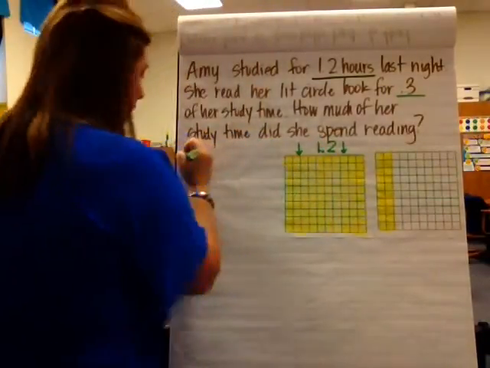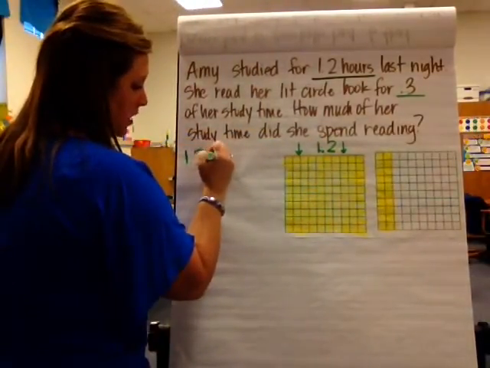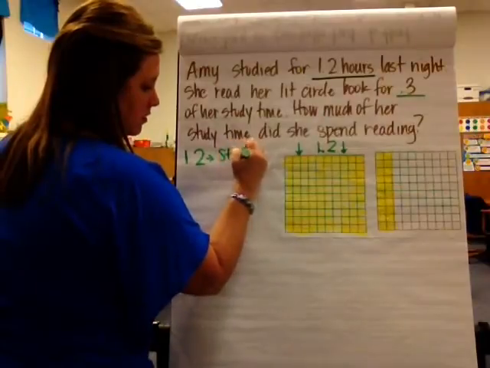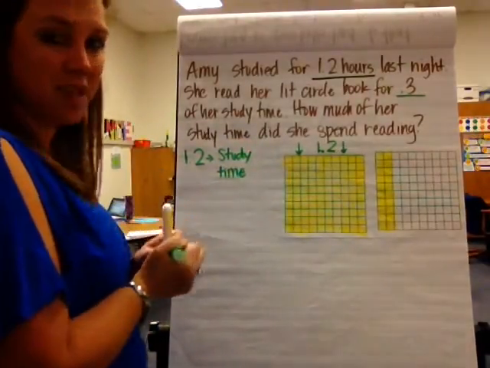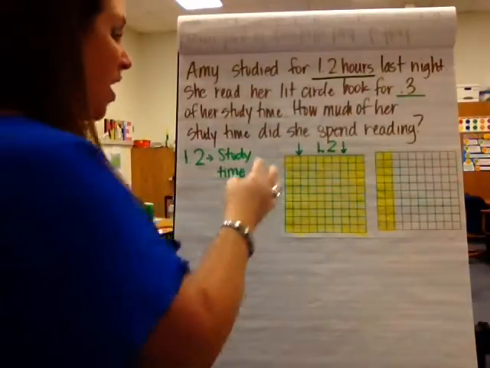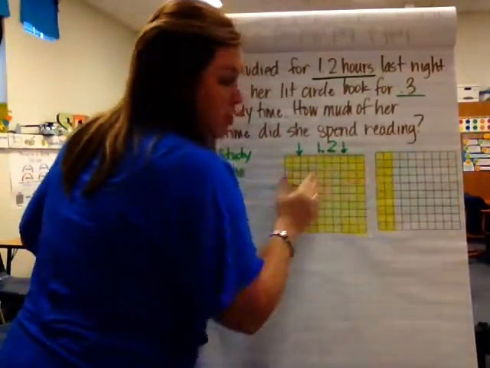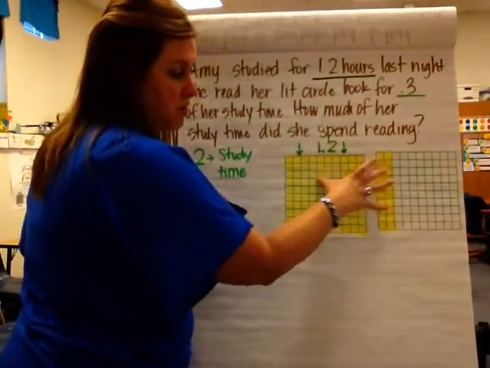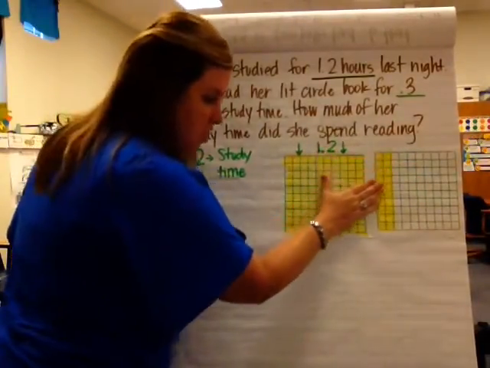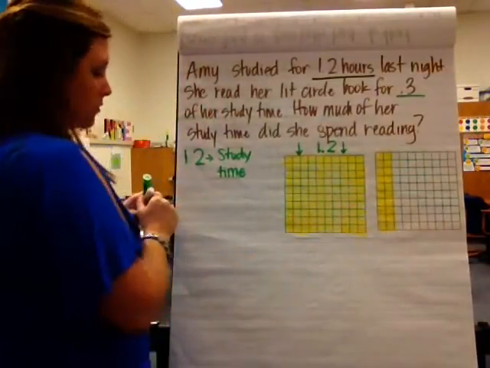Because originally, why? Because we said 1 2/10 was study time. So of this, not of my 2 hours, okay, because obviously it's going to be up to 2 hours because I have 1 whole and some other. So just of this amount, what happened?